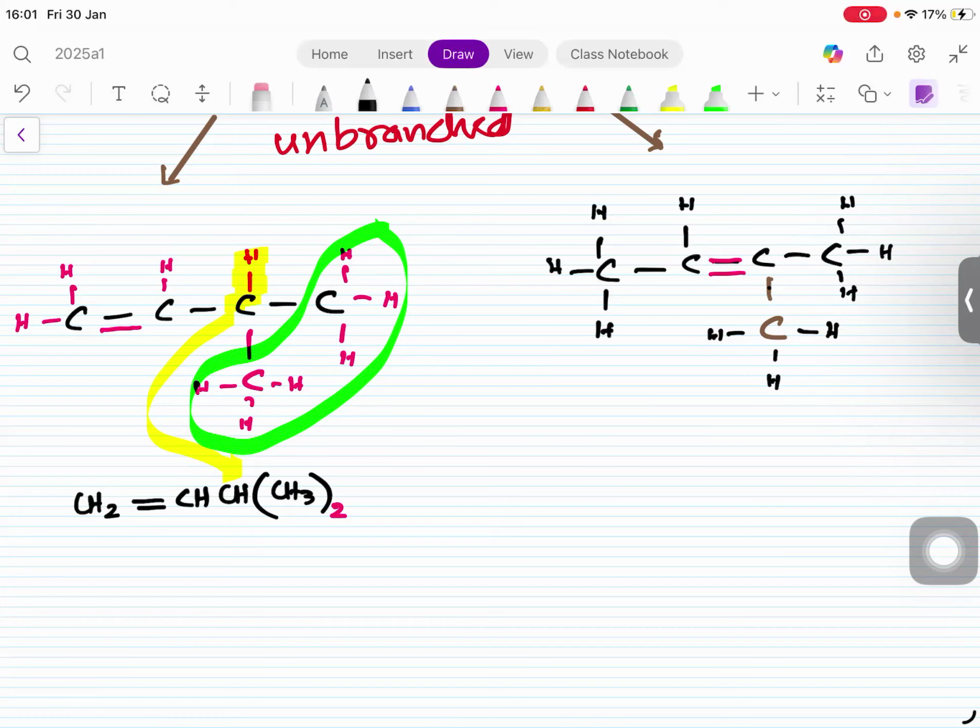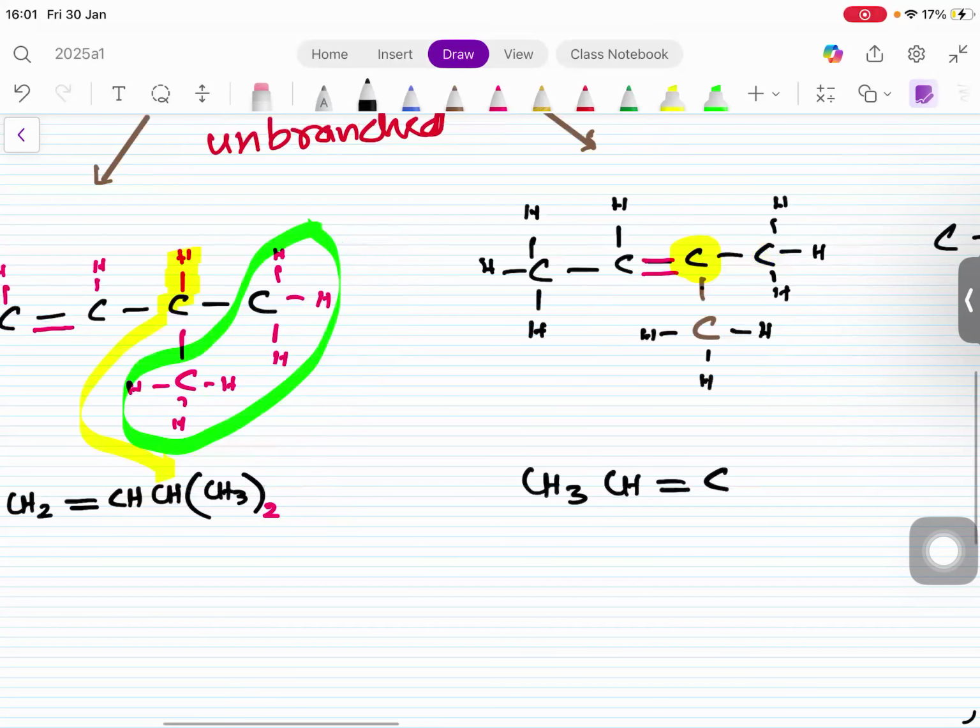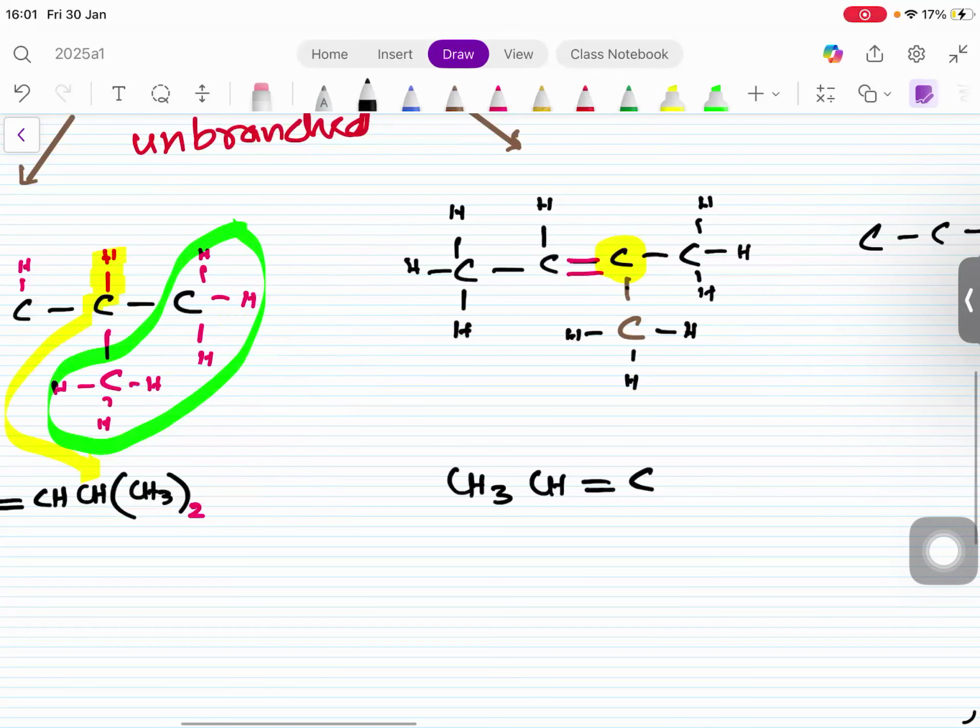Now what is this? CH3, CH double bond, then C. Now this carbon, if you can see, is not having any hydrogen. Then there is a CH3 in the bracket and then CH3 next, or I can put them twice. Here you go. Okay, right?